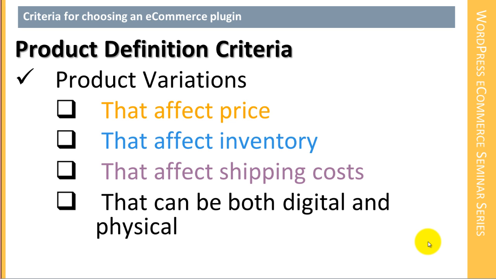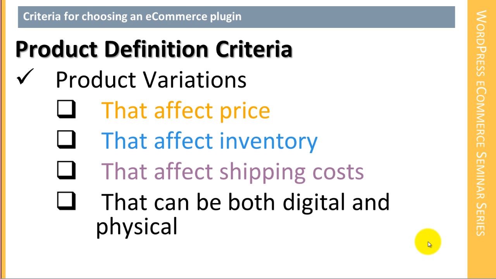So if you're selling physical products, and you're not tracking inventory, then it doesn't really matter. But you want to know whether or not variations can affect inventory. You also want to know if variations can affect shipping costs, because it could very well be that the large t-shirt weighs more and therefore costs more to ship than the small t-shirt. And so you need to know whether or not variations can affect those shipping costs.